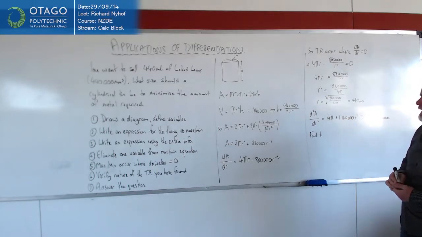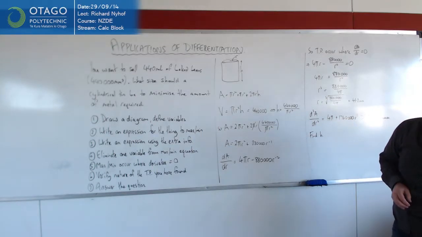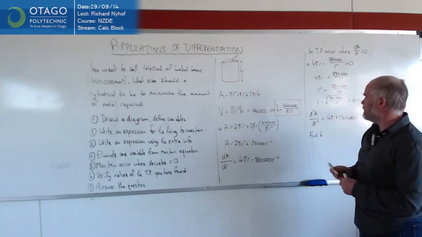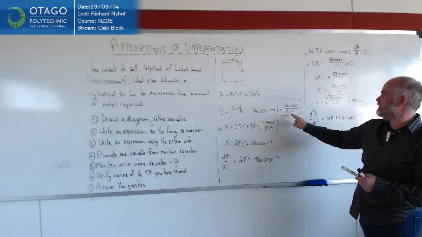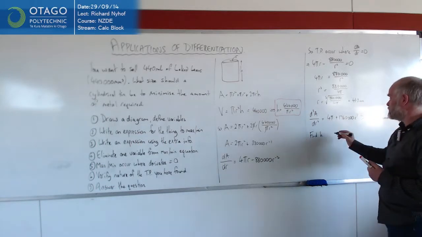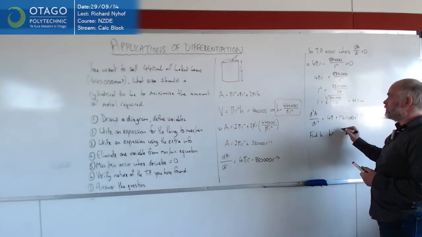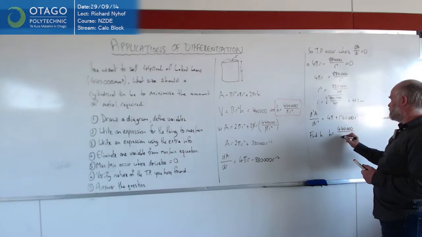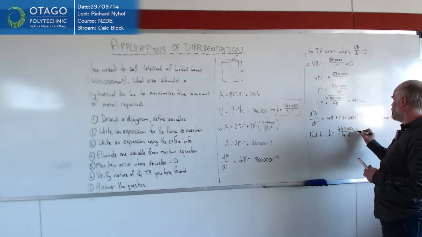Well, you can basically use any formula you've used, and looking through here, I think the smart one is this one. It tells me what h equals if I know r, which I do. Okay, so h equals 440,000 divided by pi lots of r squared.